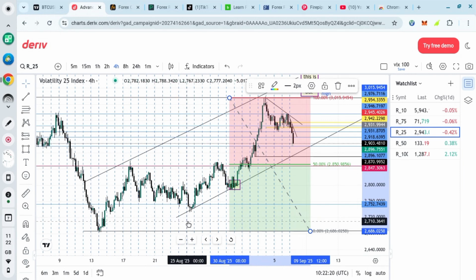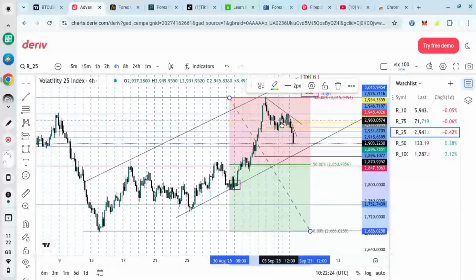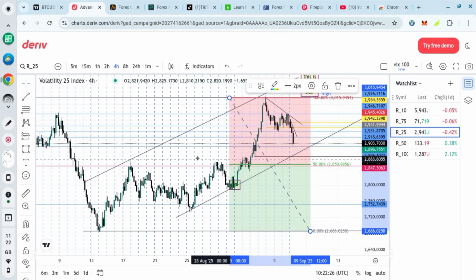You understand? So this thing is just trying to retrace. And the level where it is going to stop retracing and probably reverse back to the uptrend is this place. You can see this line has been touched multiple times. Touch here, bounce, touch here, bounce, again touch here.